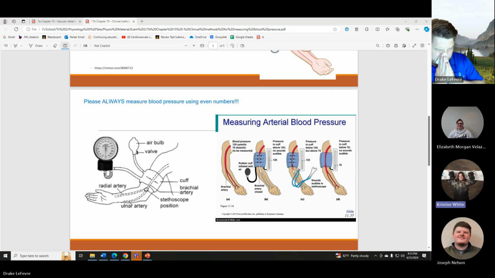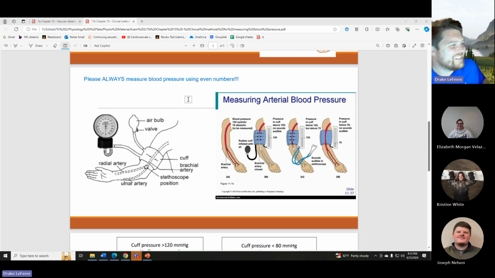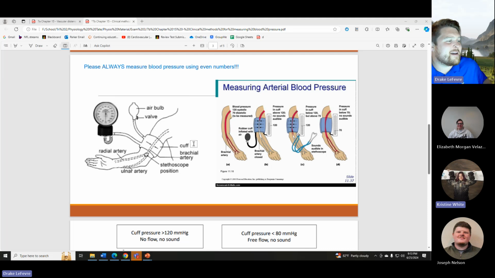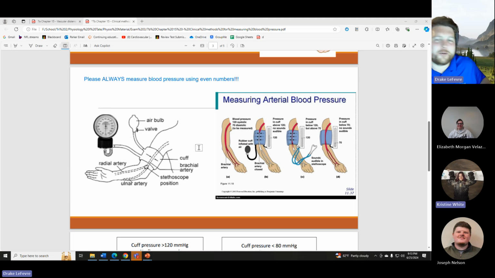We love to upset nurses with that. Yeah, don't do that. It's fun though. Or don't be crazy. It might be fun, but if you say that on any practical in the future that involves blood pressure, which there are quite a few that involve blood pressure, you get an automatic 0.